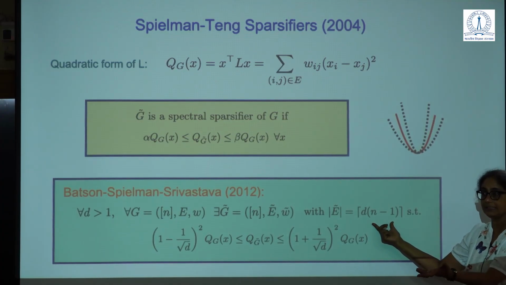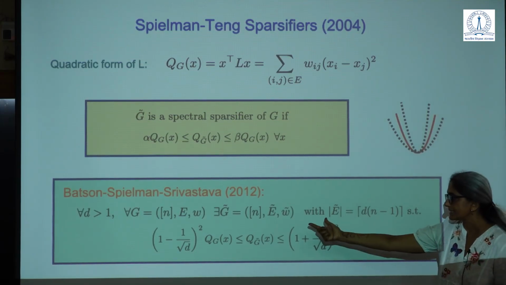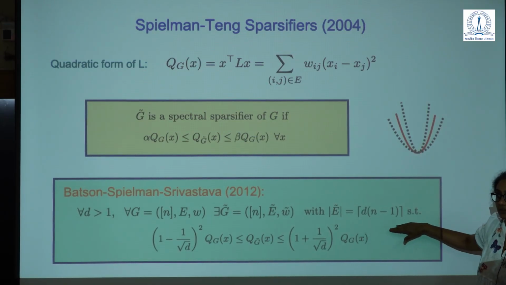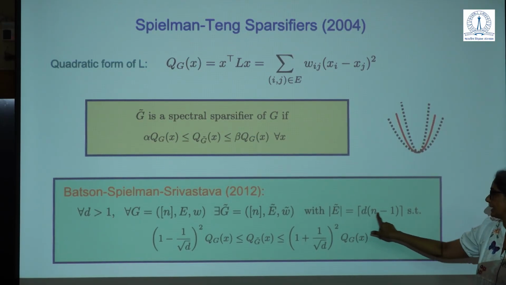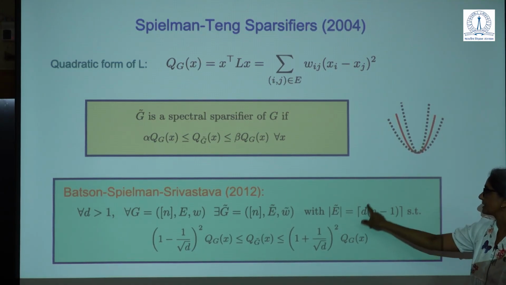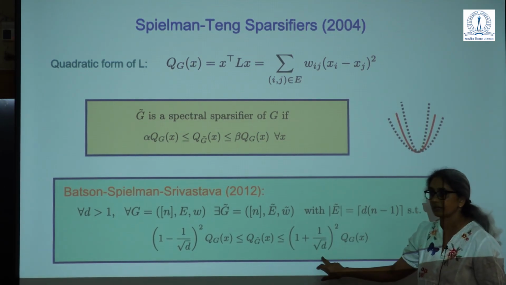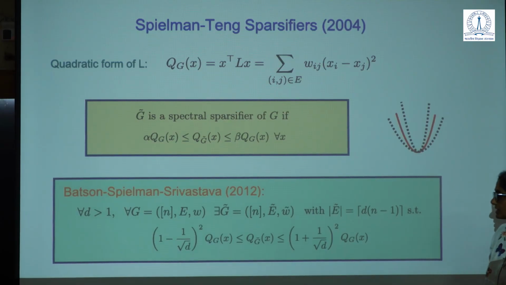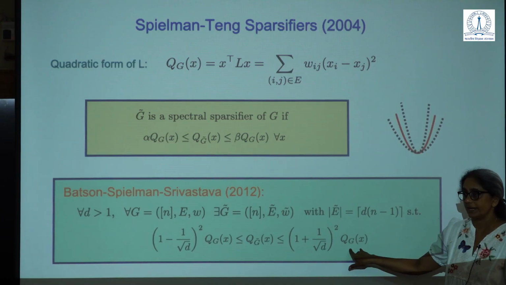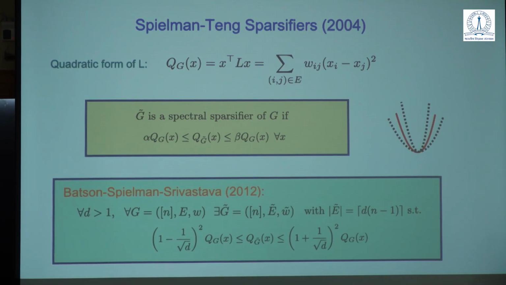You give me the d and you give me the graph, then there will exist a G tilde, which is a sparsifier, which has at most this many edges. Here n is the number of vertices, so you're guaranteed at most this many edges, such that alpha and beta look like this. So the quadratic form of G tilde is bounded above by this times QG(x) and below by that times QG(x). This is what they proved.